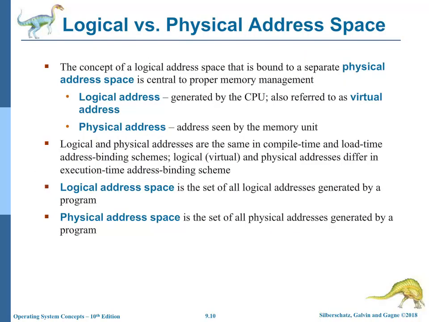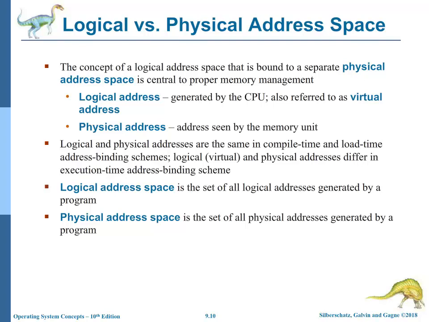Logical versus physical address space. The address generated by the CPU is a logical address, while the address actually seen by the memory hardware is a physical address. Addresses bound at compile time or load time have identical logical and physical addresses. Addresses created at execution time, however, have different logical and physical addresses.